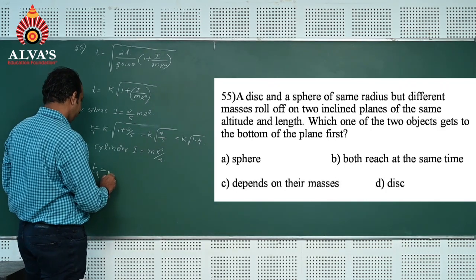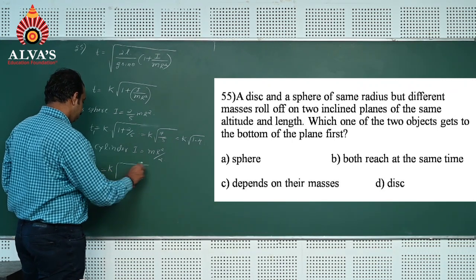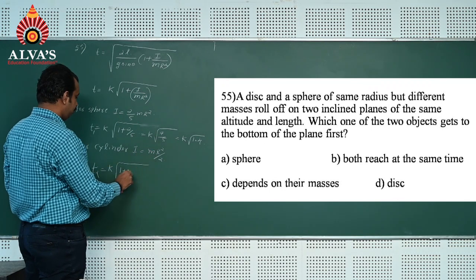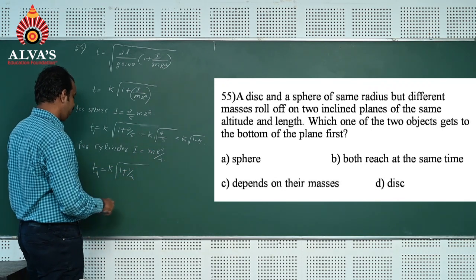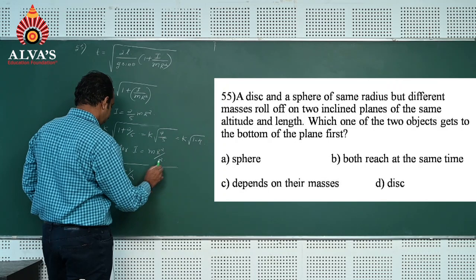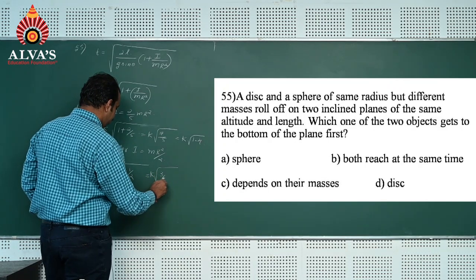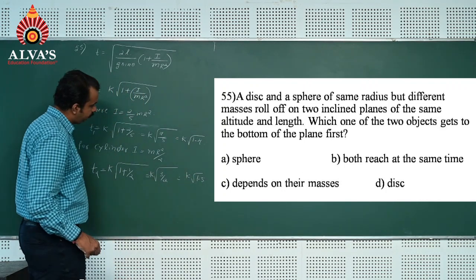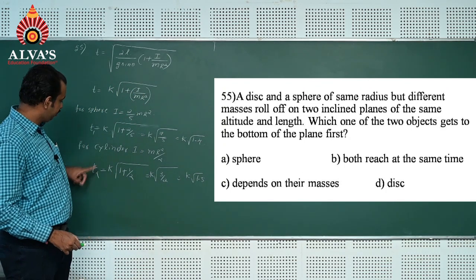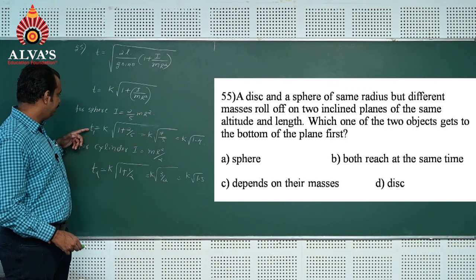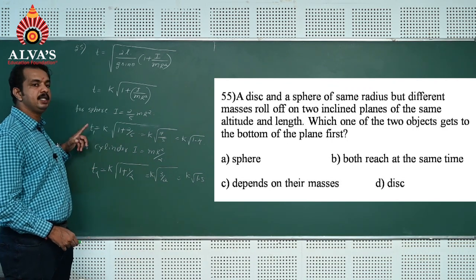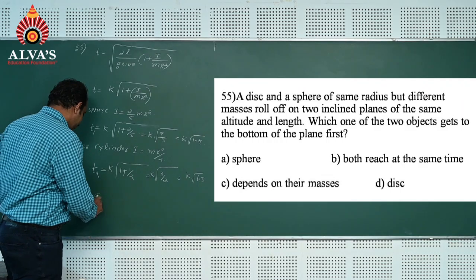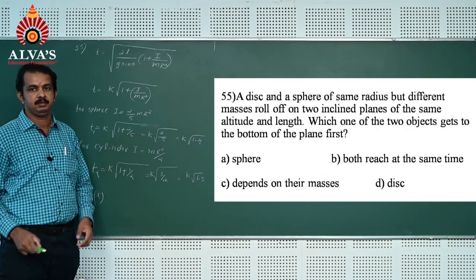T2 is equal to constant K into root of 1 plus, if I substitute I as mr square by 2, we obtain 1 by 2, which is equal to constant K into root of 3 by 2, which is equal to K into root of 1.5. If you just look at the time, this cylinder takes more time than sphere. So sphere reaches the bottom of the inclined plane first. So option A is the correct answer.